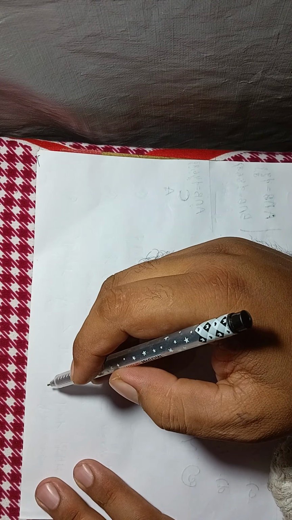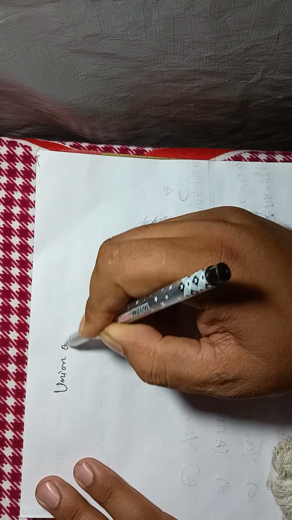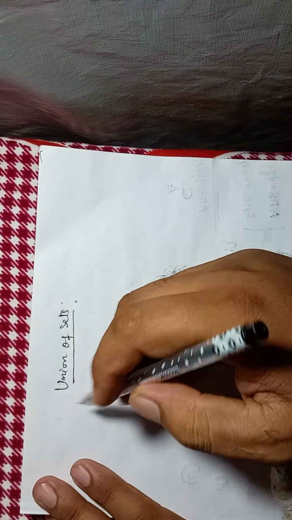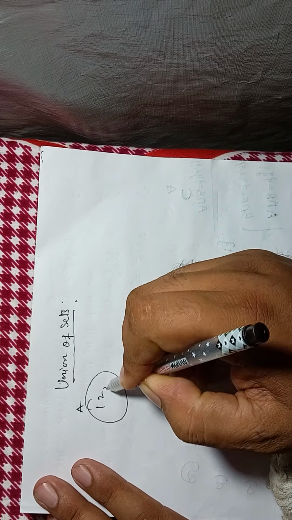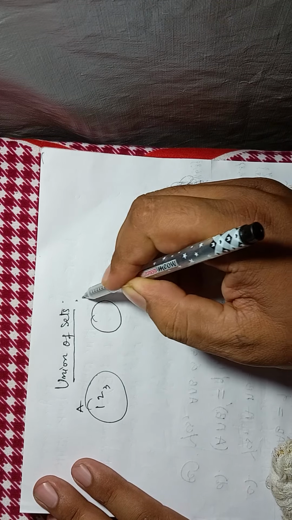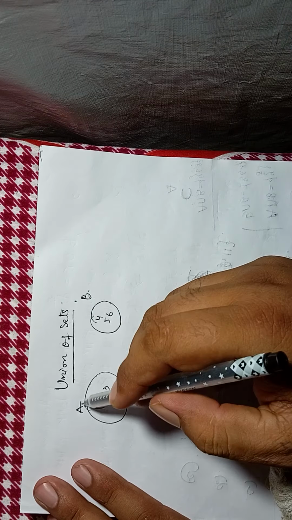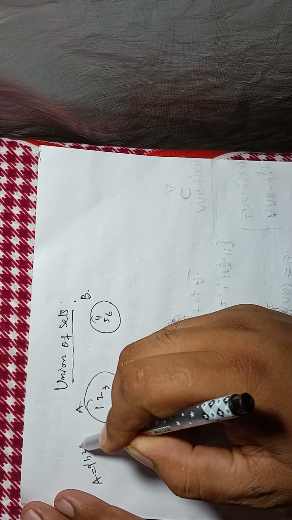Now in the third exercise, we have union of sets. What is the union of sets? For example, I have the set A. In this set I have 1, 2, 3, and another set B. Here I have 4, 5, 6. In set A I have how many elements? 3: 1, 2, 3.